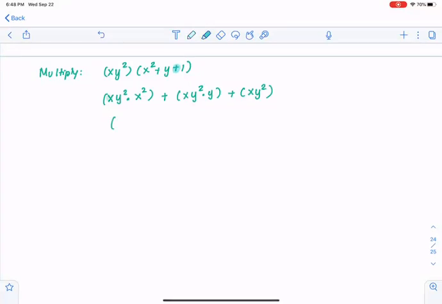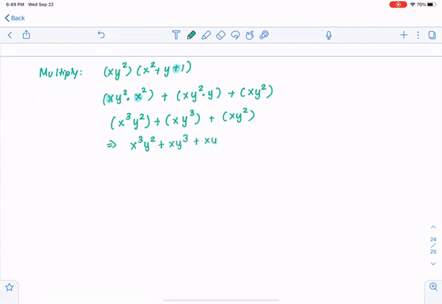So here I have x, bases are identical. We add the powers, 1 plus 2 is 3, and y squared would remain as is. There is only one x, and I'm going to leave that, and bases are identical for y. So I'm going to add the powers. 2 plus 1, I get 3, plus xy squared. So the final answer is x cubed y squared plus xy cubed plus xy squared.